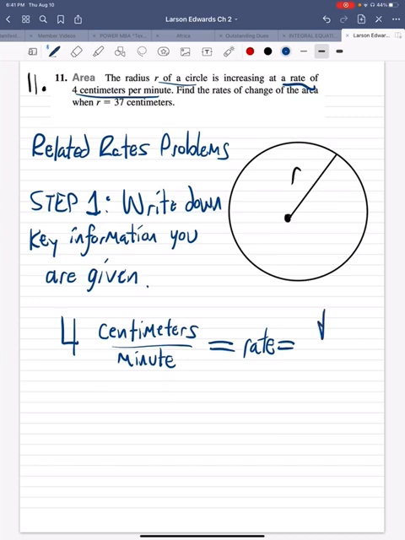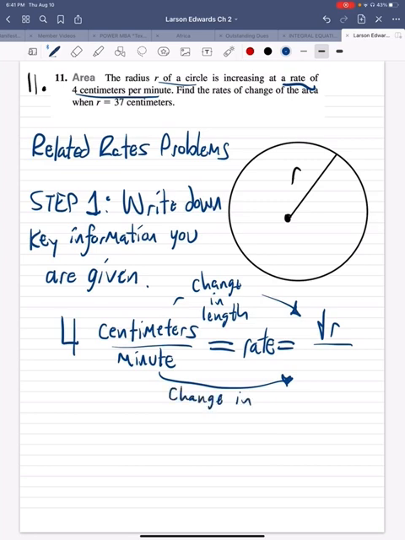So the change dr, for d radius, over, well, time. 4 centimeters. The length is changing. Change in length, which is dr, over change in time as minutes go by. So dt.